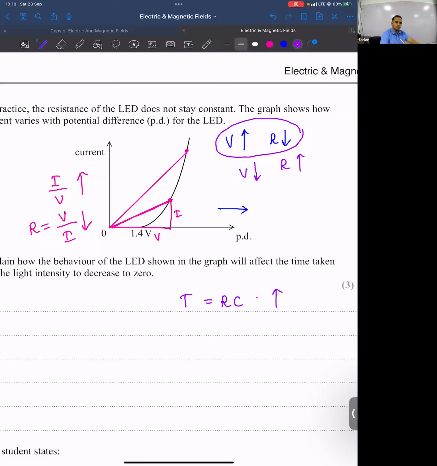So that means it's the same thing I'm telling you. When the voltage is decreasing, the resistance will increase. Where? The current versus potential. Current is increasing as the potential is increasing. So, how are you connecting the voltage here? No, tell me what is your question?